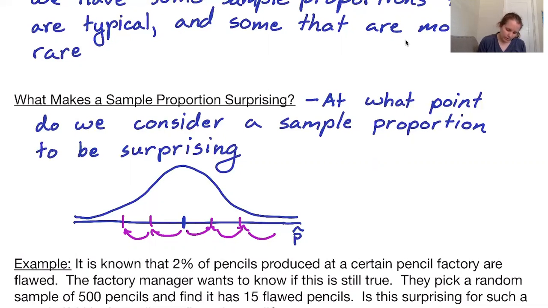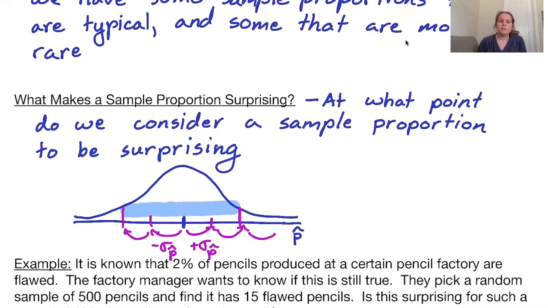If we go two hops to the right and two hops to the left, 95% of the data is supposed to fit within that window. So within two standard deviations is 95% of the data.